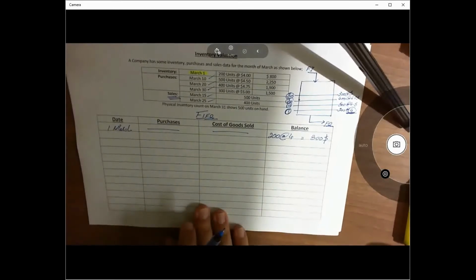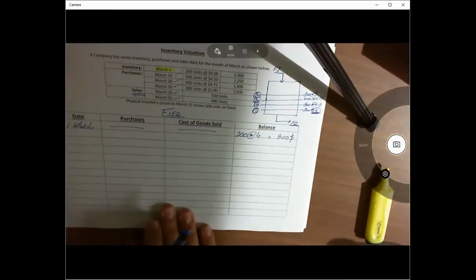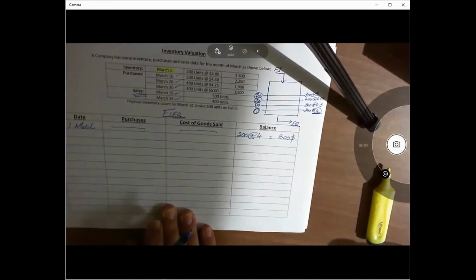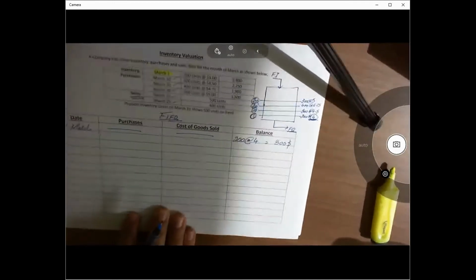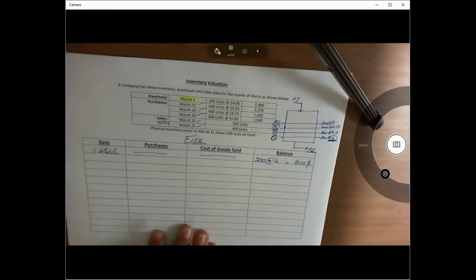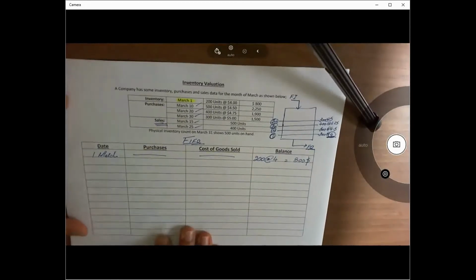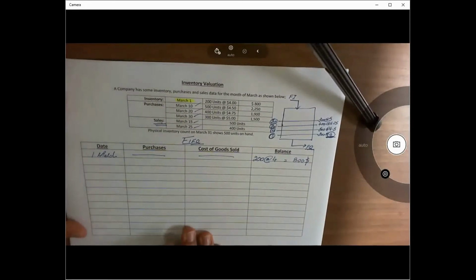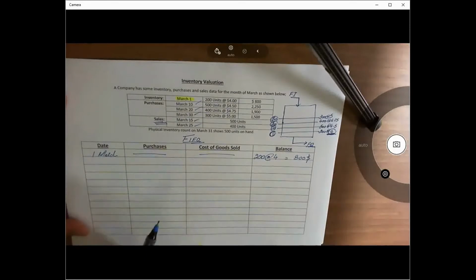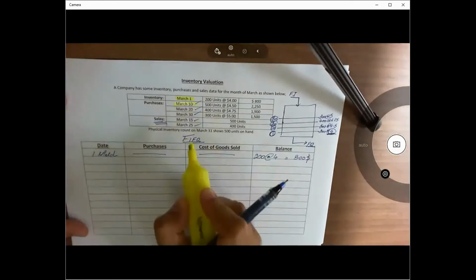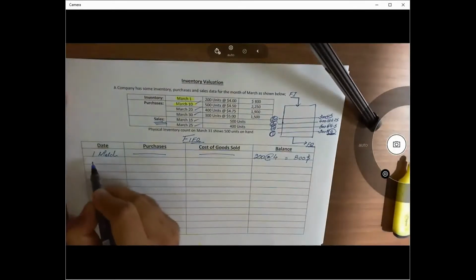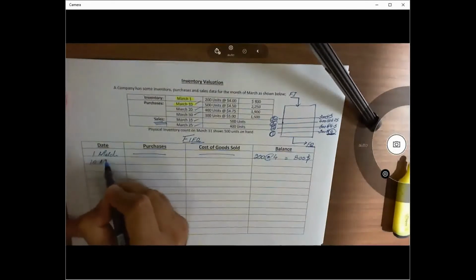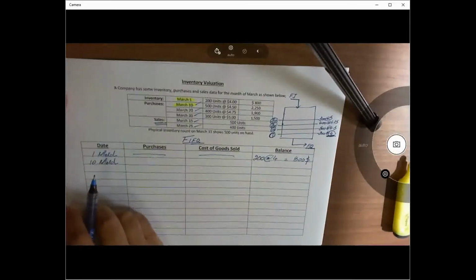Next, let's come to the next point. Now, let's try to go to the next period after 1st of March. There is 10th of March. And what is happening on 10th of March? Are we buying something?